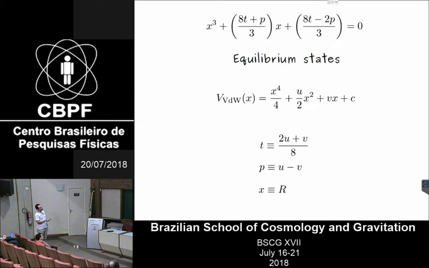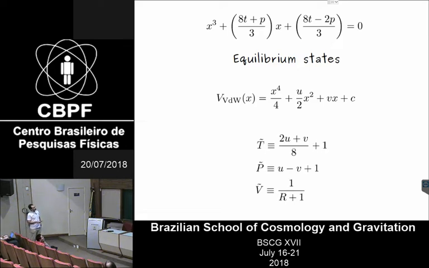And x should be the scalar, small x. So we can invert this relation between u, v, and t and p to write the effective temperature and the effective pressure as a function of u and v. So now the expression that we had, the fit that we had, we can map onto this van der Waals gas with an effective temperature, pressure, and density shifted.